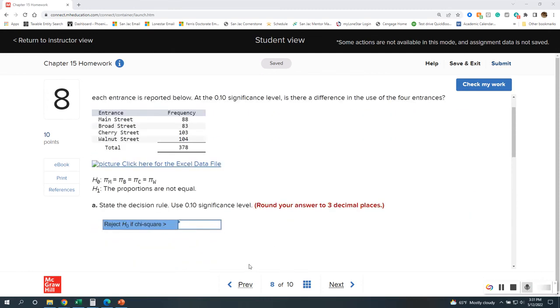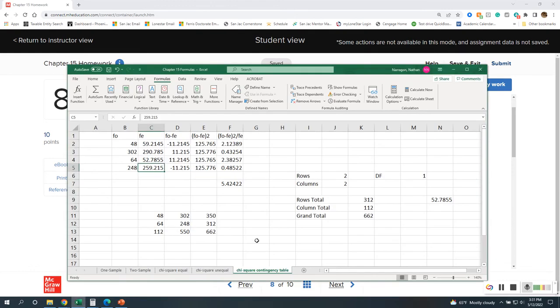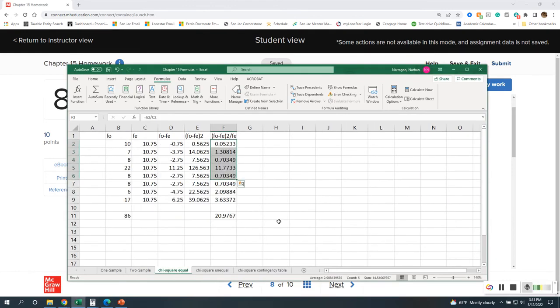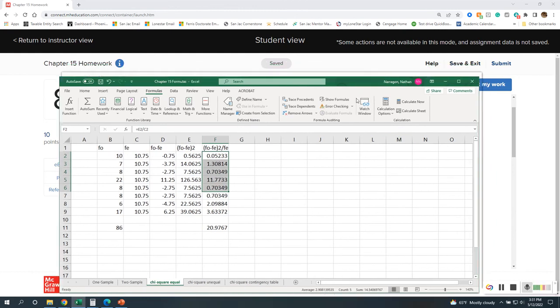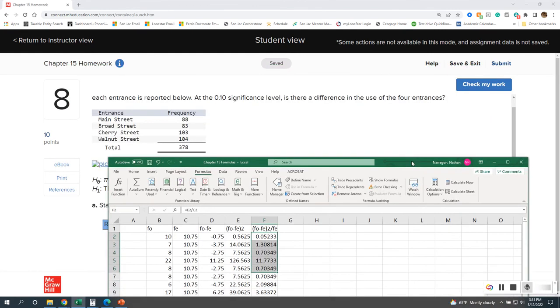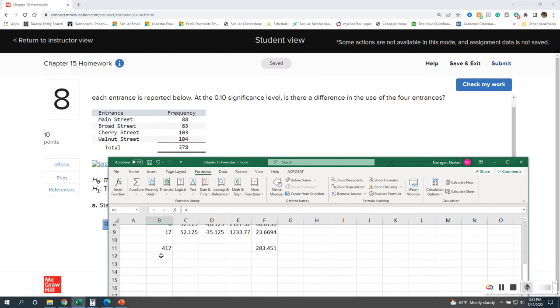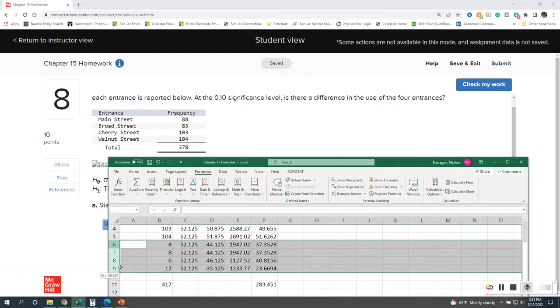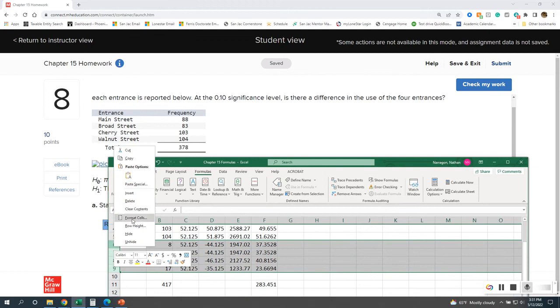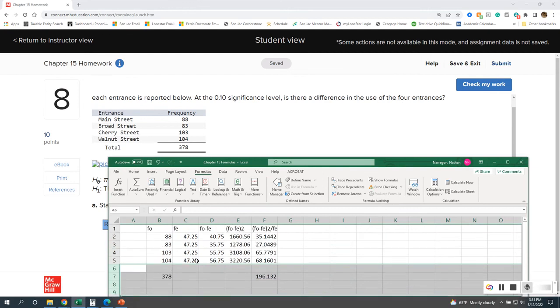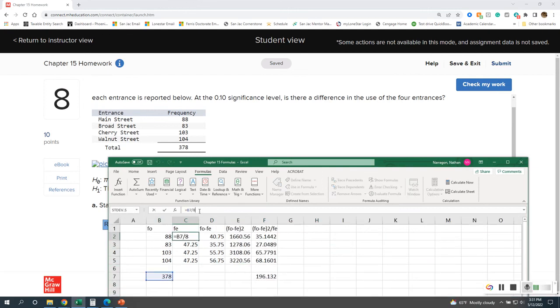So, again, we have the table already set up. We know they want an equal. We know it's shorter than what we have right now. So we have 88, 83, 103, 104. Okay, we want to delete these. Okay, and this is going to equal now to 4.